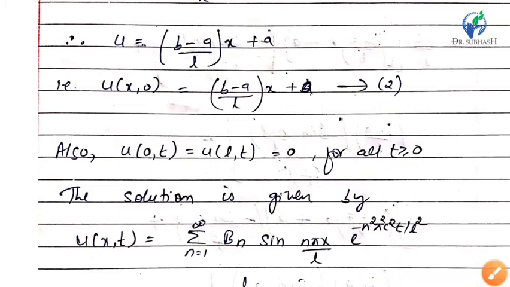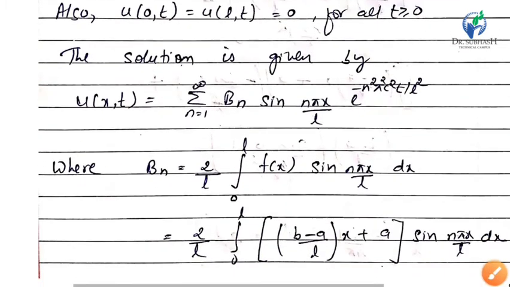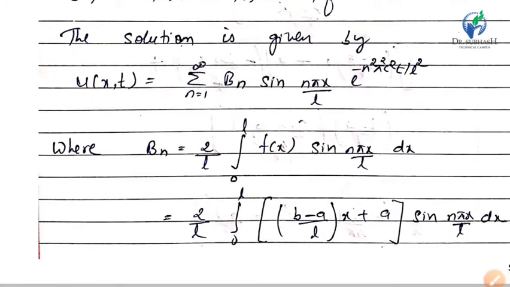Therefore, the solution is given by, we note that we have already learned this in first two examples. U of xt equal to summation n equal to 1 to infinity bn sin n pi x upon L e raised to minus n square pi square c square t by L square, where bn equal to 2 by L integration 0 to L fx sin n pi x upon L dx.